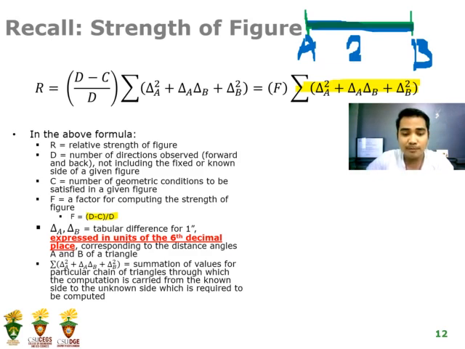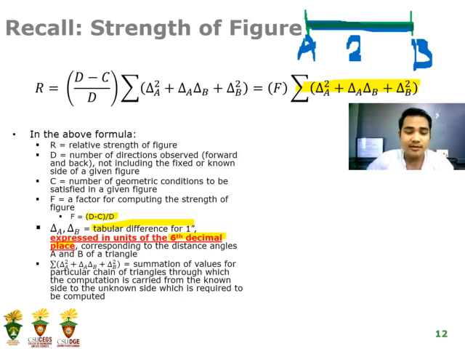So you already know how to get the tabular difference in 1 second, since we discussed it in the previous part of this lecture. Change in A and change in B are expressed in units of the 6th decimal place, corresponding with the distance angles A and B of a triangle, which we discussed last time.